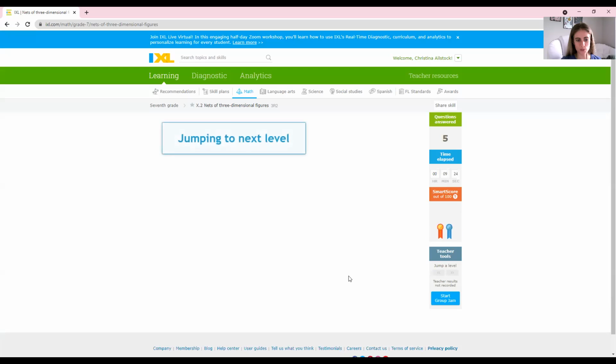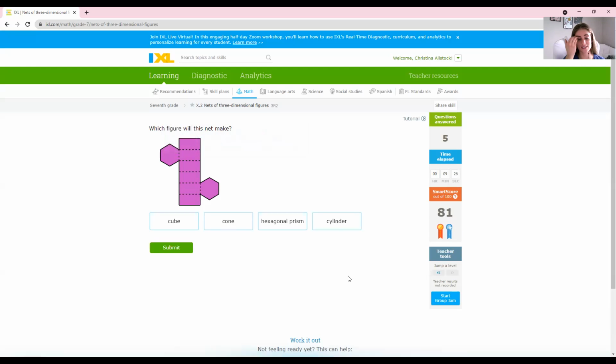Let's bump it up one more time and we will make this our last couple problems. Now we're given the net and we're not given the visuals. So that means we have to be able to read those names and visualize in our head for ourselves what they mean. Okay, if I look at my different options here, is it going to create a cube?